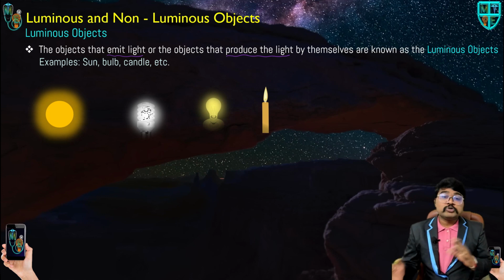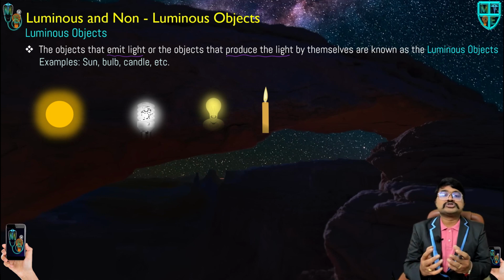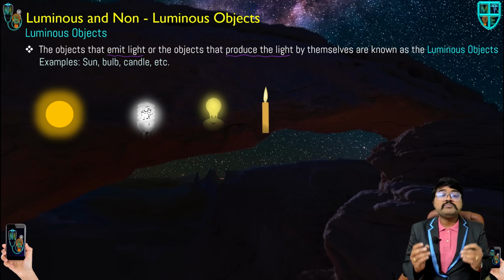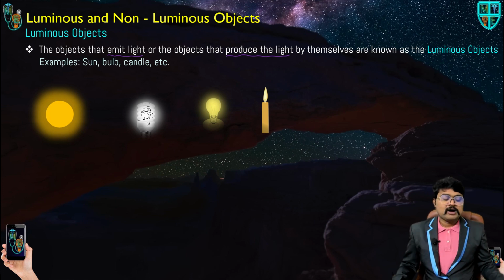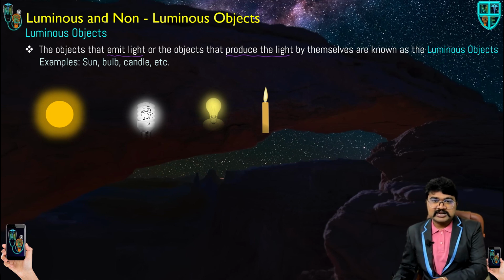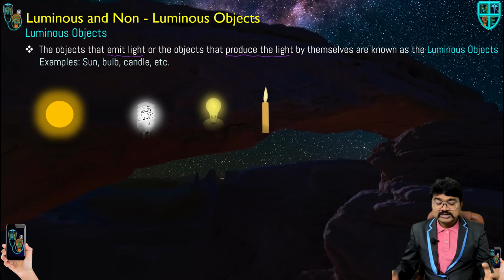In both cases, we can call those objects luminous objects. I repeat, luminous objects are the objects which emit light or produce light themselves. You can see the sun, bulb, and candle emit light. That is why we call the sun, bulb, and candle luminous objects.